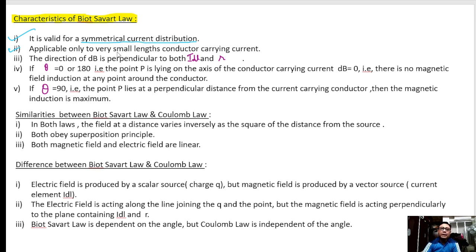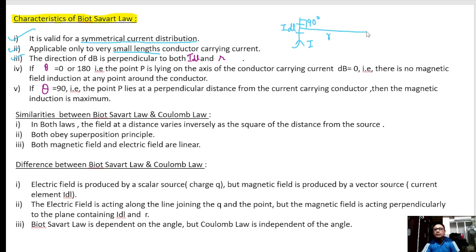Next, it is applicable only to very small lengths of conductor. Third, the direction of dB is perpendicular to both I dl and r. This is the I dl part, the current flowing through dl, and this is r, so they should be at 90 degrees.